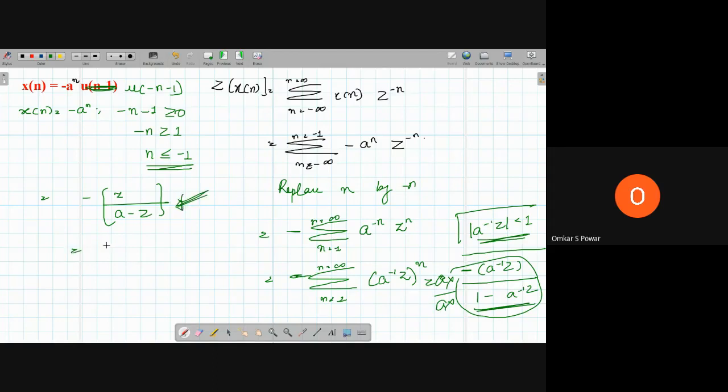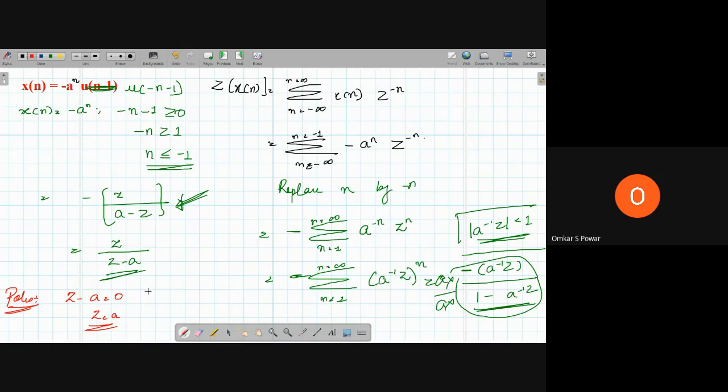Further, we can write this as z by z minus a. I'll take minus common from the denominator so that we can express our pole nicely. So how do we get our poles? Equating the denominator to 0. So z minus a is equal to 0, z is equal to a.